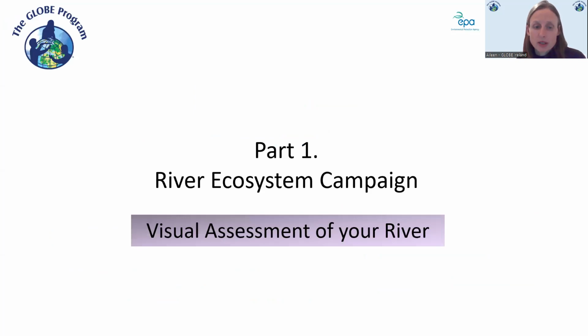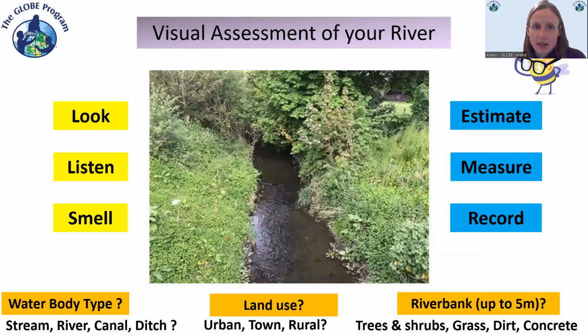Okay, so what I want to do now is move on to a bit more detail on the different aspects. The first one is the visual assessment of the river. I don't need to go into too much more detail, but remember the reason we're asking the questions is to understand the health of the river. Every question relates back to the health.